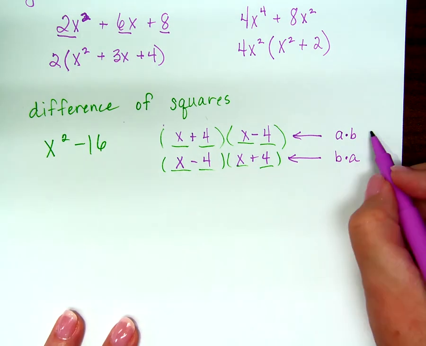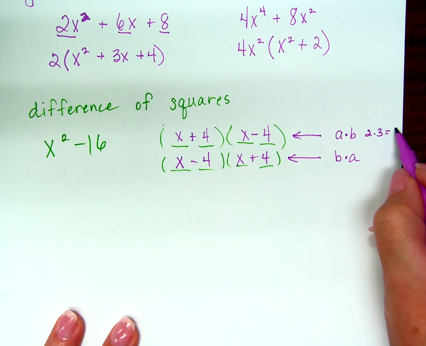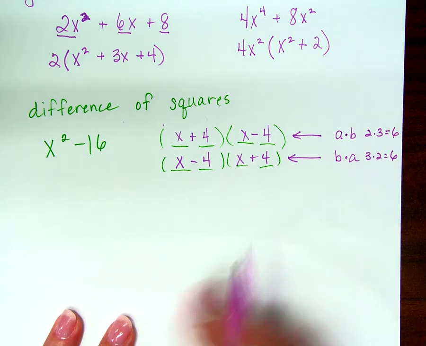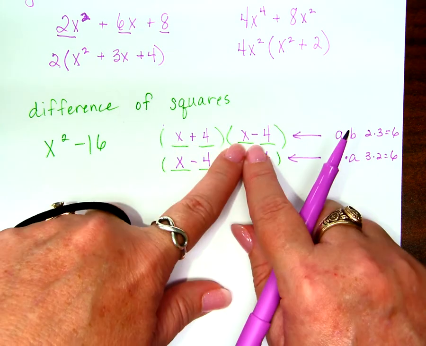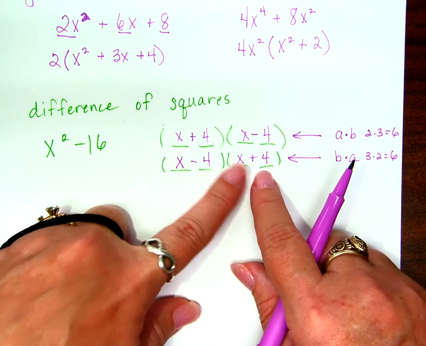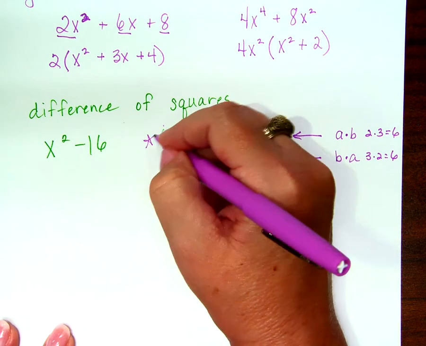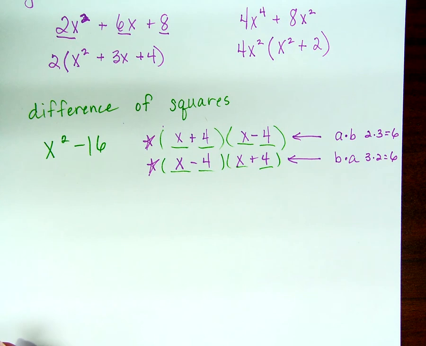If I said 2 times 3, what do I get? 6. If I said 3 times 2, what do I get? It does not matter what order I multiply in. So I could put x plus 4 times x minus 4, or I could put x minus 4 times x plus 4. Do you understand? Either one of these answers is correct. And that is the answer.